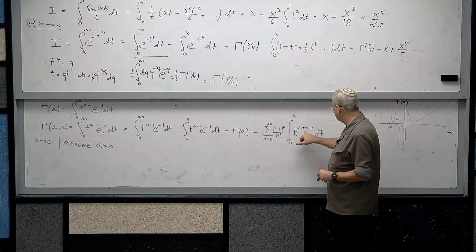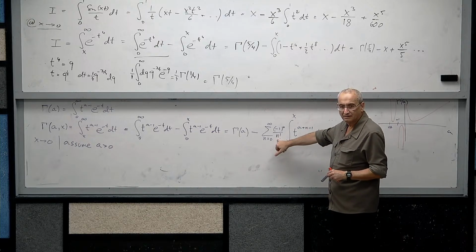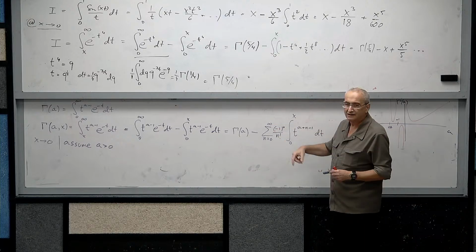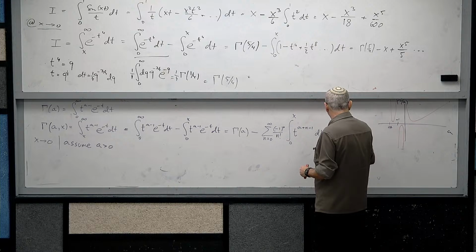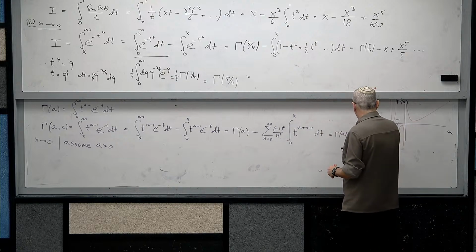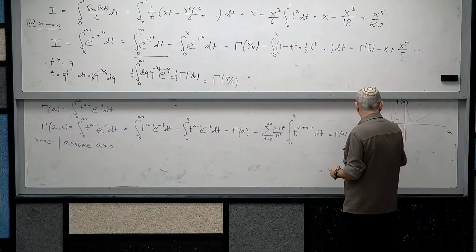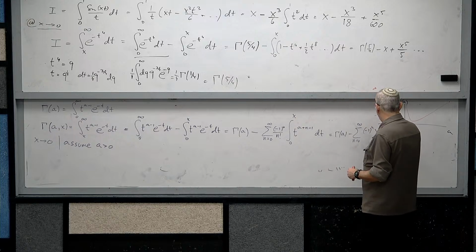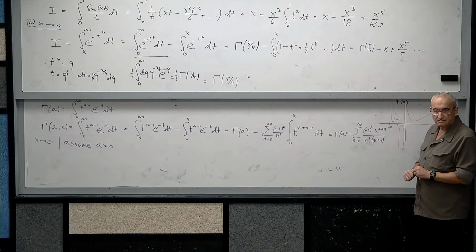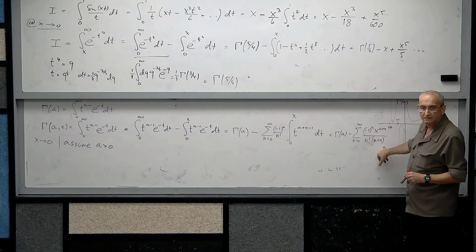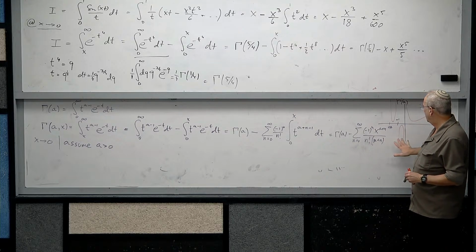Right? The t to the n is the exponent expansion, and the t to the a minus 1 is here. And this is solvable, so what I have is gamma of a minus the sum from n equals 0 to infinity of minus 1 to the power of n, x to the power of a plus n divided by n factorial times a plus n, after the integration. Okay? Good.